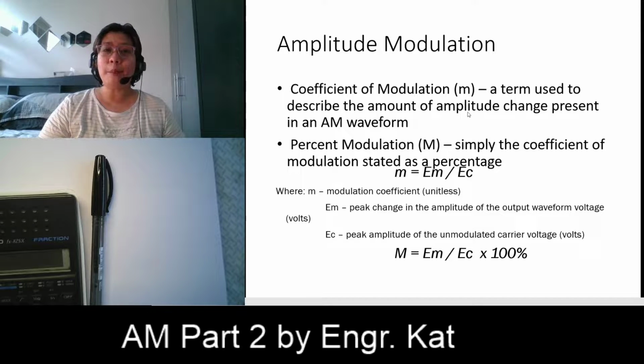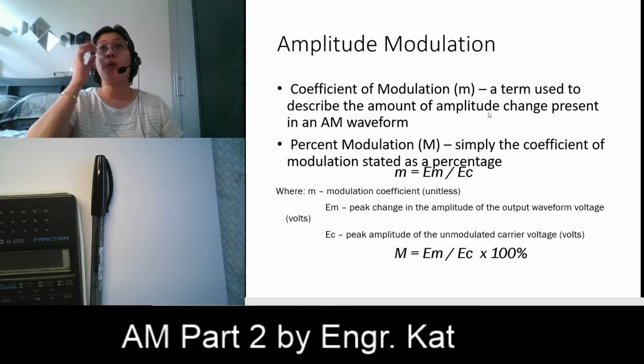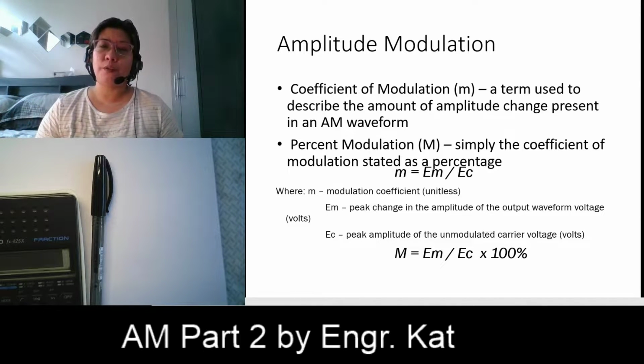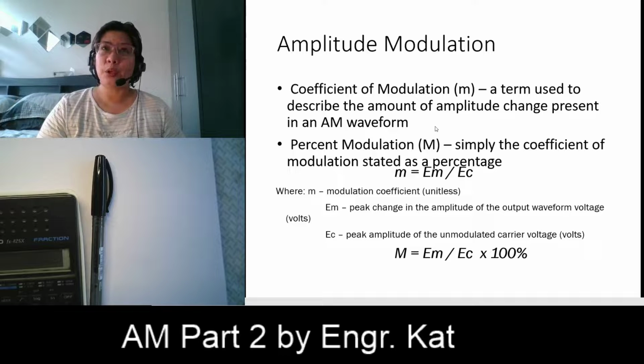When we say amplitude change, this is what we refer to as modulation. We are modifying the amplitude, therefore we have an amplitude change. This amplitude change is our modulation process.